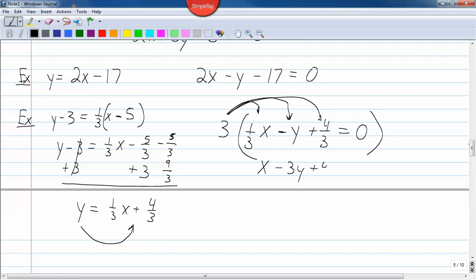So plus 4 equals 3 times 0 is 0. So this right here, that's the equation of this line here in general form. Again, we usually multiply through by the least common denominator if we have fractions.